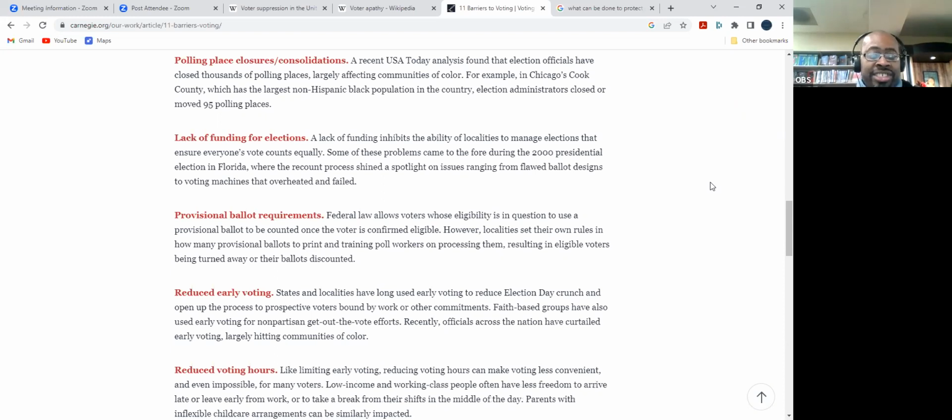Another barrier is a lack of funding for elections. A lack of funding inhibits the ability of localities to manage elections that ensure everyone's vote counts equally. Some of these problems came to the fore during the 2000 presidential election in Florida, where the recount process shined a spotlight on issues ranging from flawed ballot designs to voting machines that overheat and fail. We also saw the same instances in the 2022 presidential election, as well, where there were problems with voting machines.